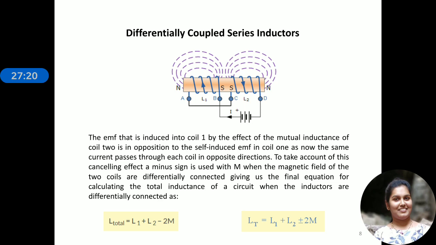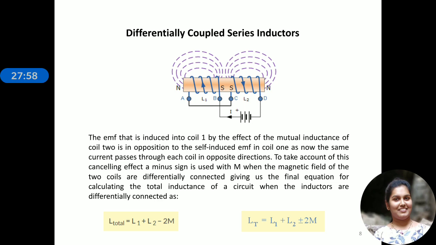To take account of this cancelling effect, a minus sign is used with M when the magnetic fields of the two coils are differentially connected, giving us the final equation for the total inductance when the inductors are differentially connected. So L total is equal to L1 plus L2 minus 2M. So the total inductance we can write as L1 plus L2 minus 2M.